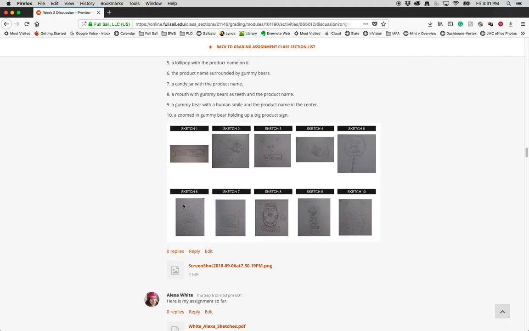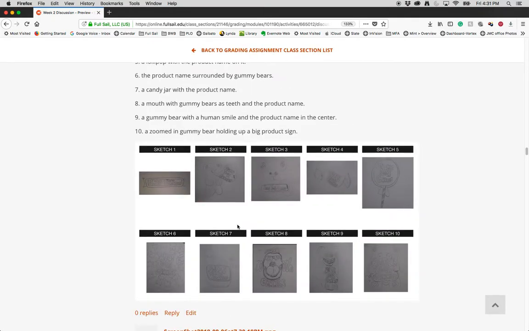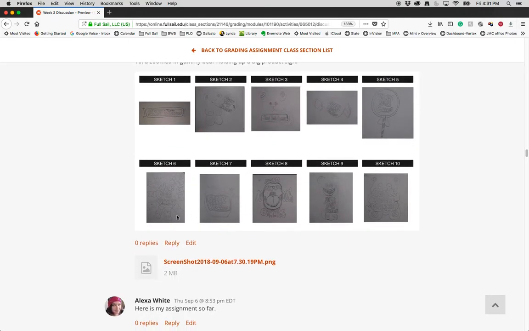I can't tell what this one is at all. Let me see if I can zoom in. Okay, this is like a word mark with little gummy bears around it. I can't really tell what that is either. The sweet tooth mouth. Now this could be fun if you do sort of a cartoony thing.